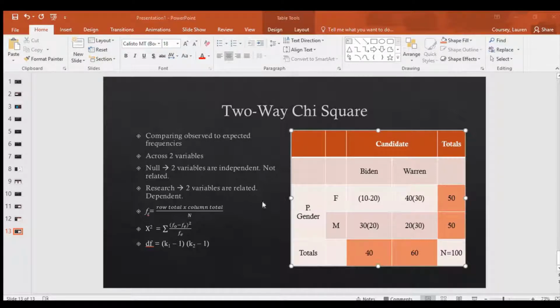I would square that, and then I would divide by my expected frequency of 20. So the expected frequency for each cell. So here I would take 10 minus 20, square that, and divide by 20. And so I do that for each of these cells.